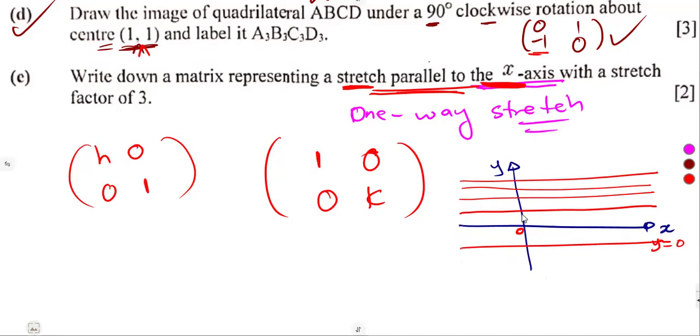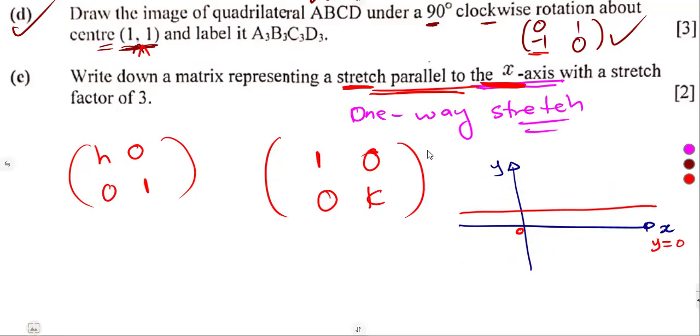So it is the y value that is invariant. The y part is invariant. They are simply saying it has the x-axis as the invariant line.